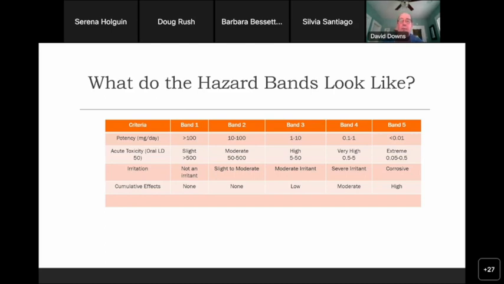So again, we're using whatever data we have available. Some organizations, if they're really starting out with a new chemical, a new material that they don't have any data on, may initially handle it as a band 3 in terms of the controls that we'll talk about in a moment. But I would say that we're getting better and better at this, because there's a larger number of these chemicals, and many of them are quite similar in terms of chemical structure.